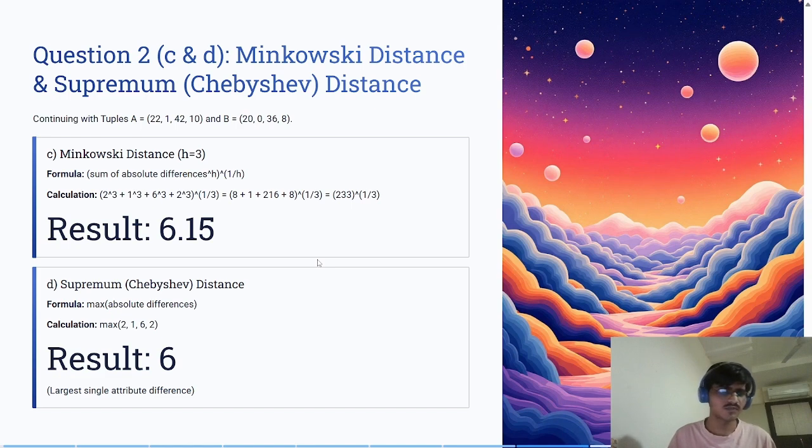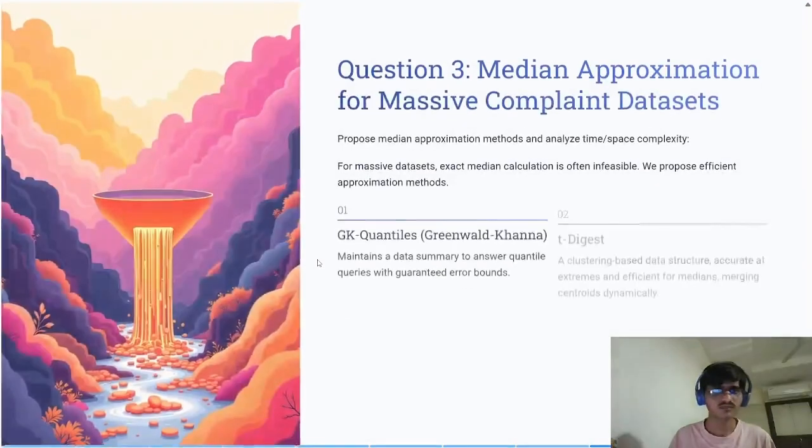For supremum distance, the formula is the max of absolute differences. Here it is max of 2, 1, 6, 2, and the result is 6, the largest single attribute difference.